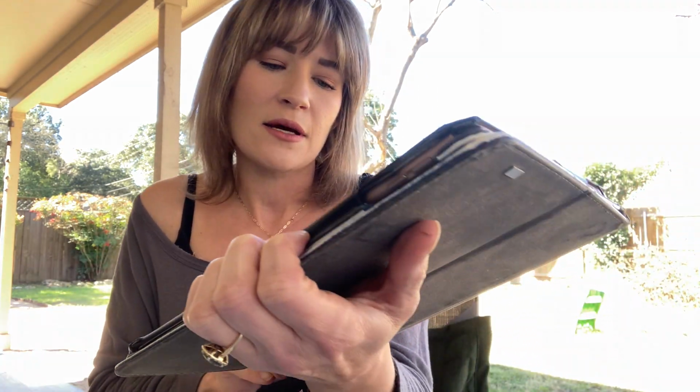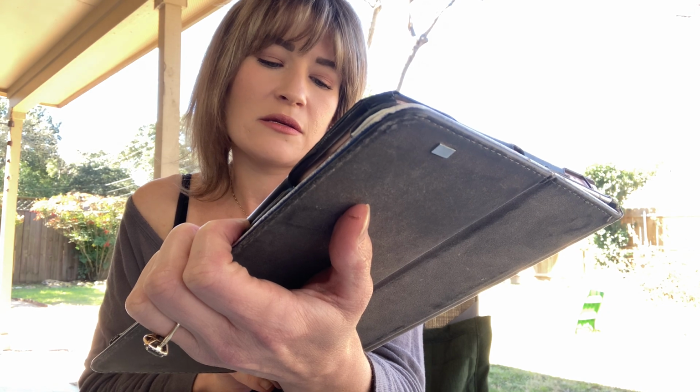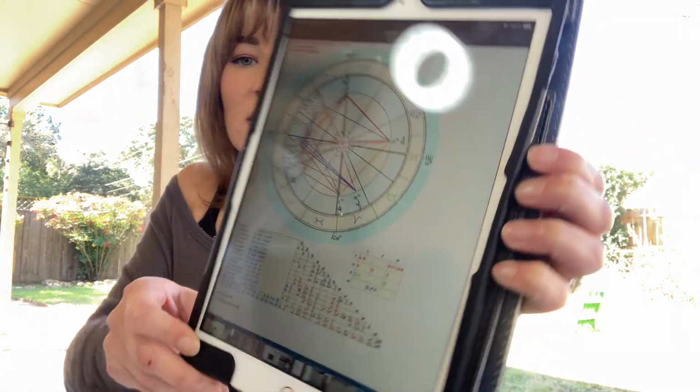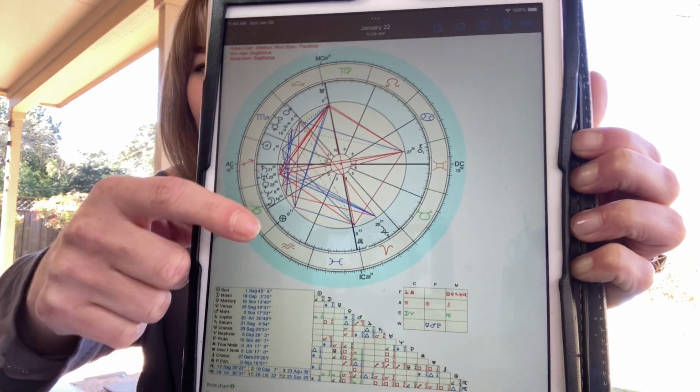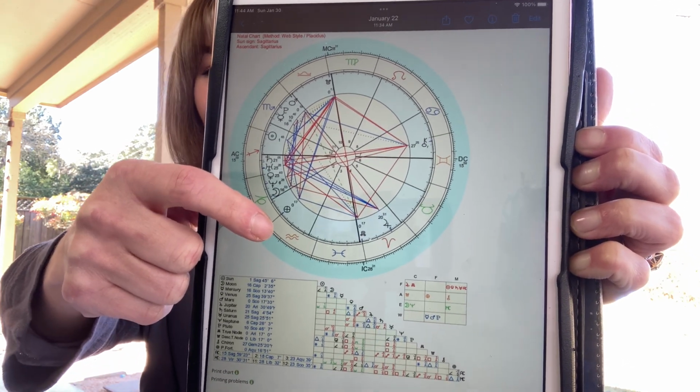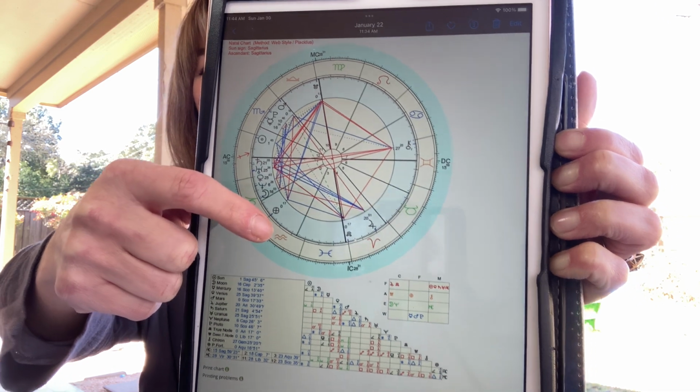I did both examples. One of them comes back as being at 10 degrees Aquarius in the second house. It's not there, but it would be somewhere right around here.